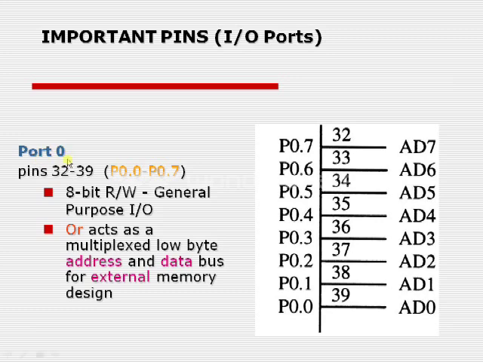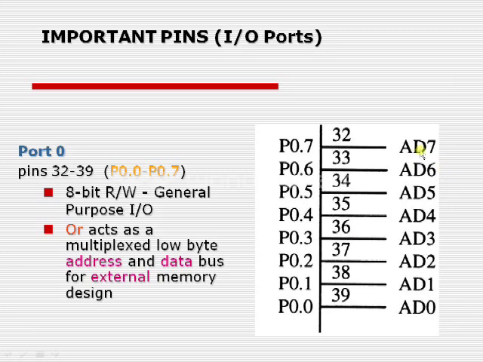Now let us see the port pins. Port 0, which has totally 8 pins, as you can see here, port 0.0 to 0.7. All these port pins are called multiple functionality pins. Why? Because we can use these pins for more than one function. I can use the same pins as input, as output, and also as multiplex lines.